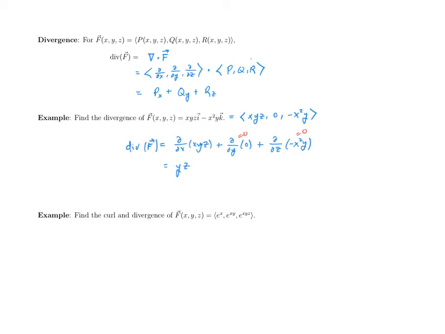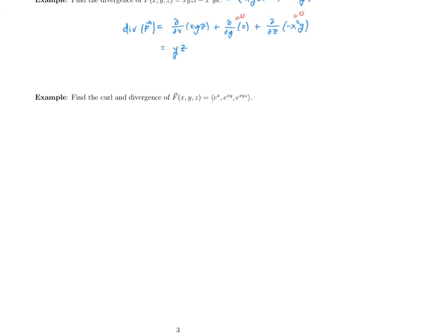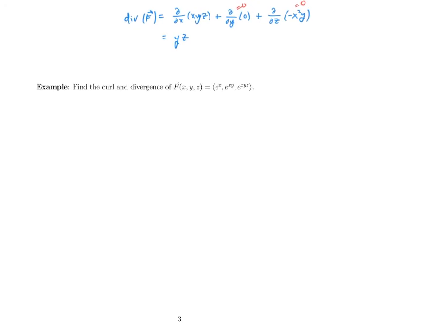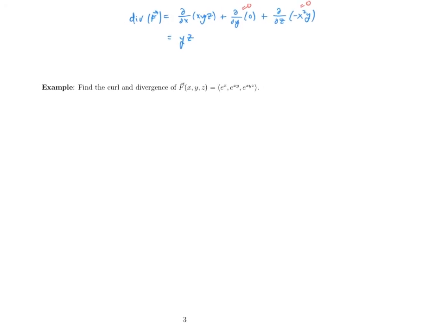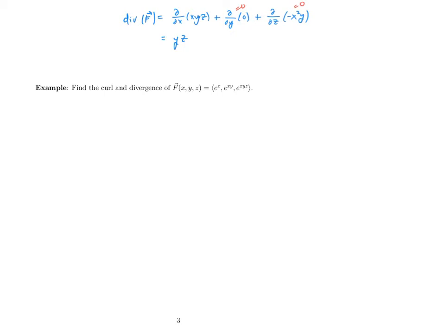For now, I would like to finish up our discussion on curl and divergence with one more example. We have a vector field with 3 entries, and I just want to think purely from a computational perspective. Can you calculate the curl? Can you calculate the divergence? And I would ask that you pause the video, take, once again, 2-3 minutes, and see if you can calculate out these two quantities.